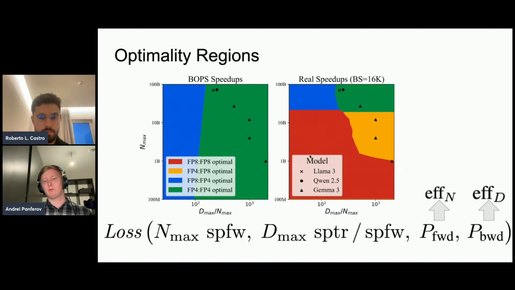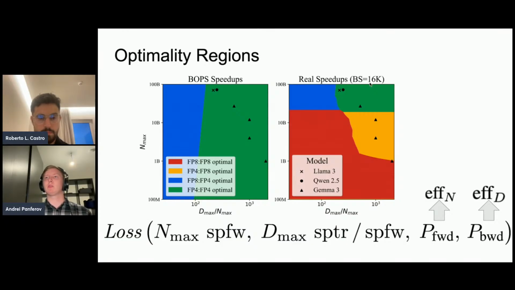And you can see that we plotted some of the models that have been published recently, such as Llama 3 or Qwen 2.5 or Gemma 3 on this plot. And we can see that many of them fall inside the regions that are either FP4 for the forward only quantized or full FP4 quantization.